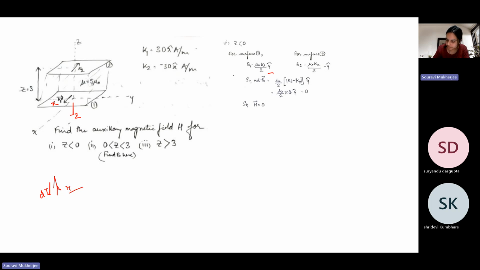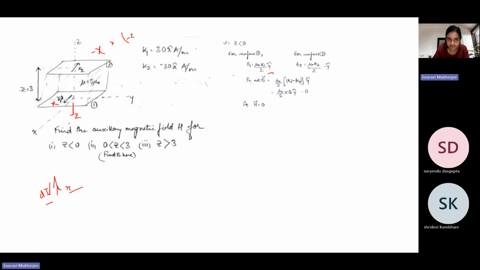Now for anywhere above, at the same location, you're looking at the contribution from the second surface. For the second surface, what will be the direction of the field? Now your dl is not x, it's minus x. So this will be minus x cross minus z.